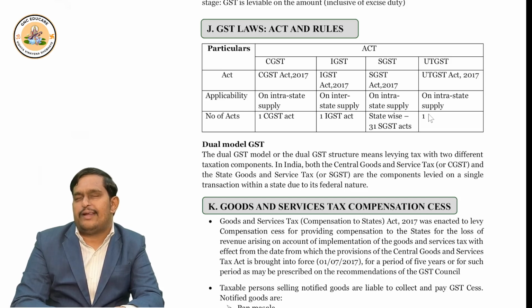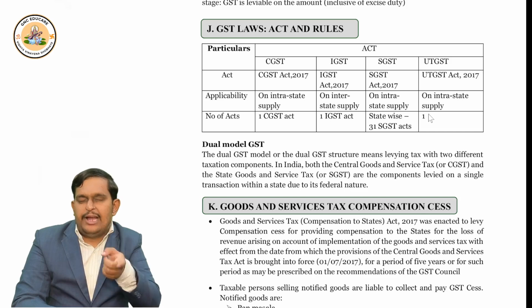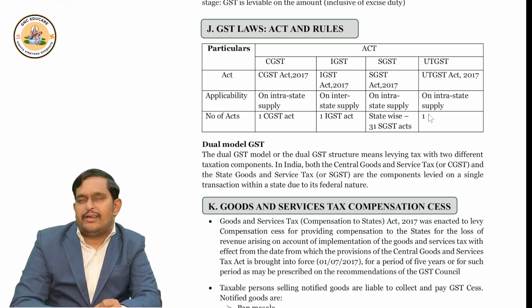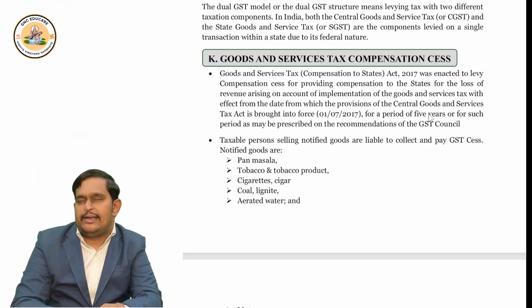Now, on what products can this compensation cess be levied? There are totally 6 products. One, obviously, tobacco and tobacco products. Then cigars and cigarettes. Aerated water, that means bottled water, correct?